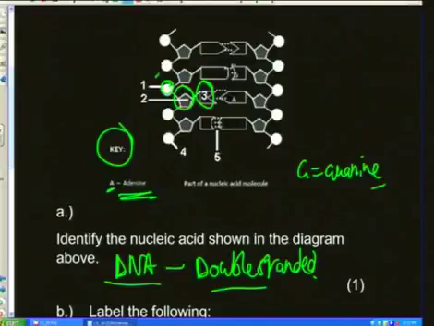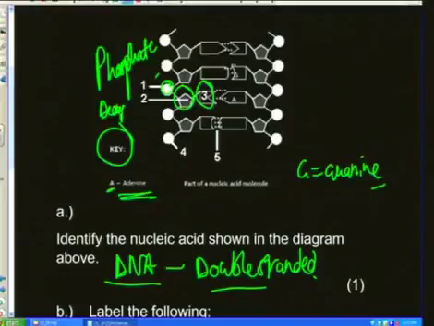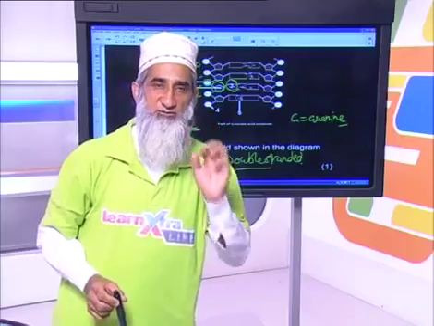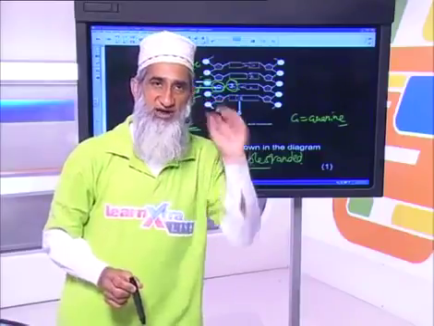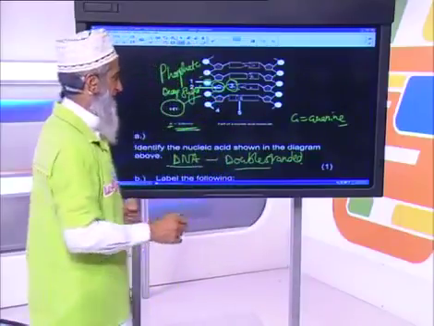Remember the outermost part of this structure, the backbone, the side bones there, would be phosphate. Number 2 would be the deoxyribose sugar. I'm just writing the sugar in large so you understand what I'm saying. But remember, whenever there's DNA, you can't just say sugar, you must say deoxyribose sugar. When it's RNA, you must say it's a ribose sugar. Otherwise, you will not get the mark.